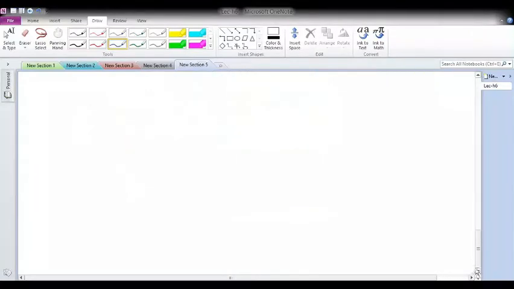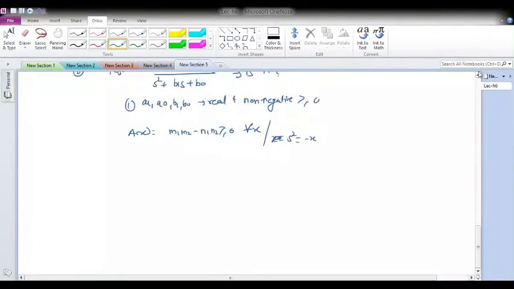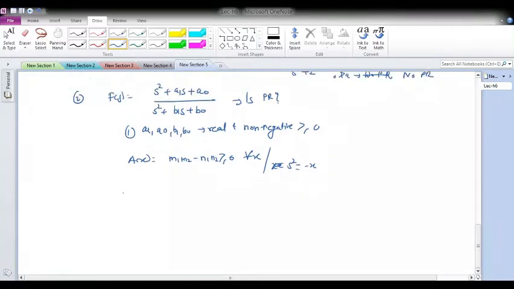From that, find out what m1 and m2 are. From the polynomial, m1 will be s square plus a0, which is even, n1 will be odd, which is a1s, m2 will be s square plus b0, and n2 will be b1s. Let us calculate m1 m2 and n1 n2. So m1 m2 is s square plus a0 into s square plus b0. Now I will directly substitute s square equal to minus x.